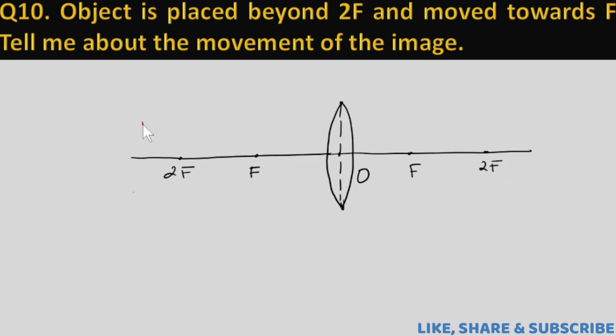Now the object is placed beyond 2F. We know that image will be between F and 2F. It will be real, inverted, and diminished.